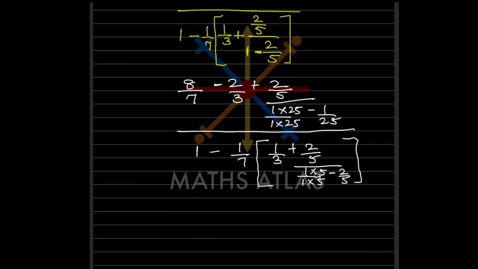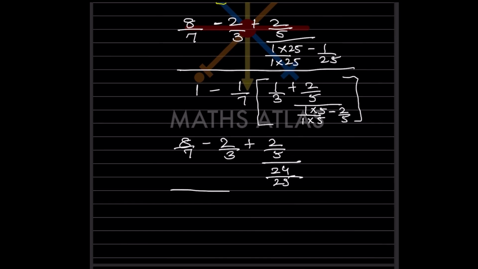Now we'll go to the numerator again. That will be 8 by 7 minus 2 by 3, as it is. This is 2 by 5. And here 1 into 25 is 25, 25 minus 1, we can write directly, that is divided by 24 by 25.